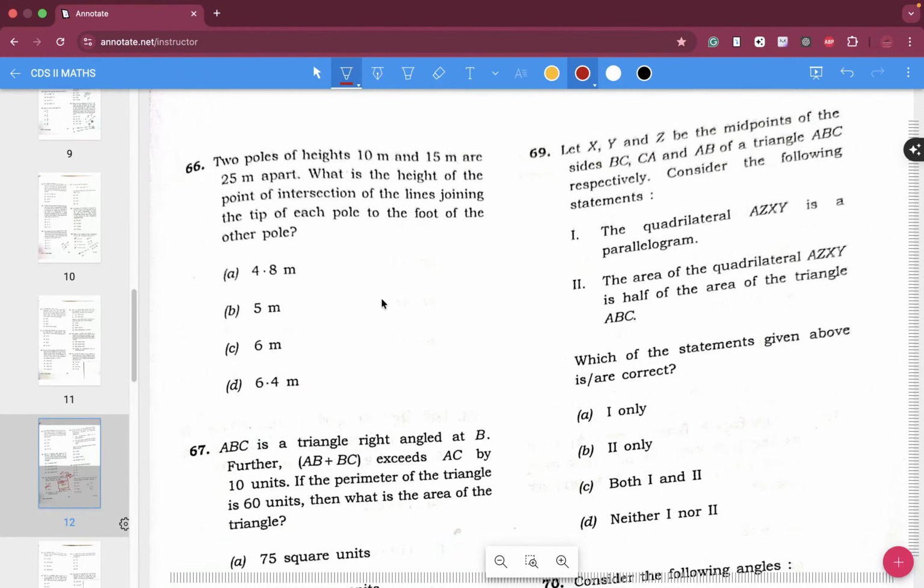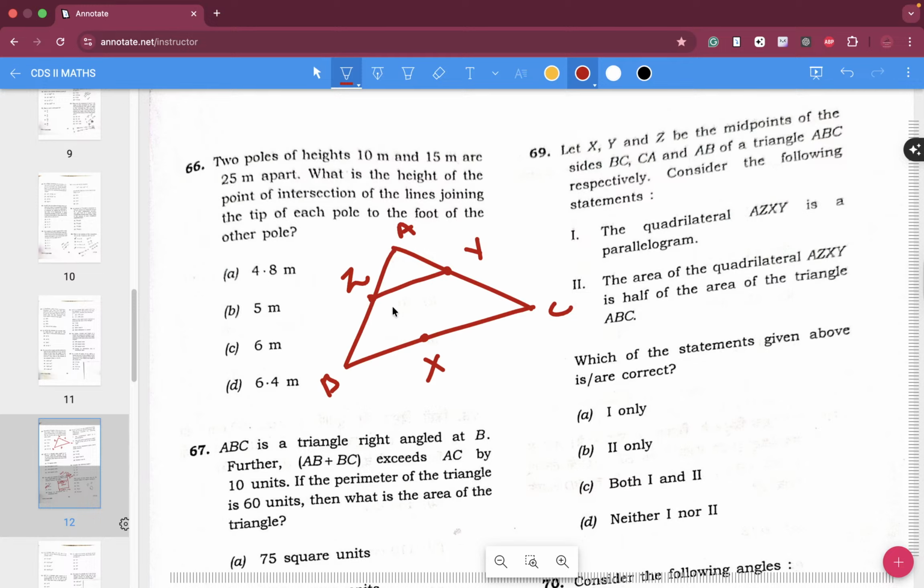Let X, Y, Z be the midpoints of the sides BC, CA and AB of a triangle ABC respectively. You have a triangle ABC. Consider the following: the quadrilateral AZXY is a parallelogram.